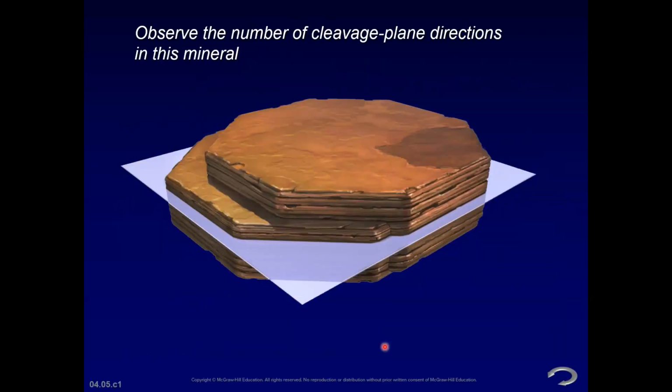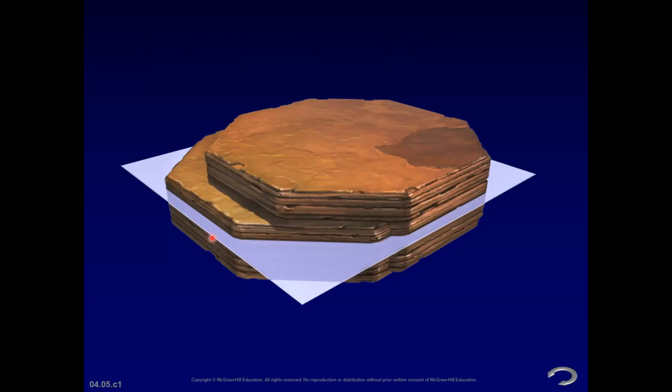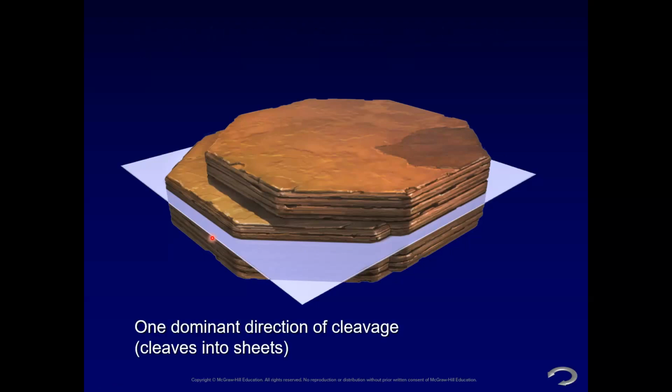And this mineral has one cleavage plane direction. So it's one main direction of cleavage cutting through a mineral that grew in 6-sided crystals. It cleaves into sheets.